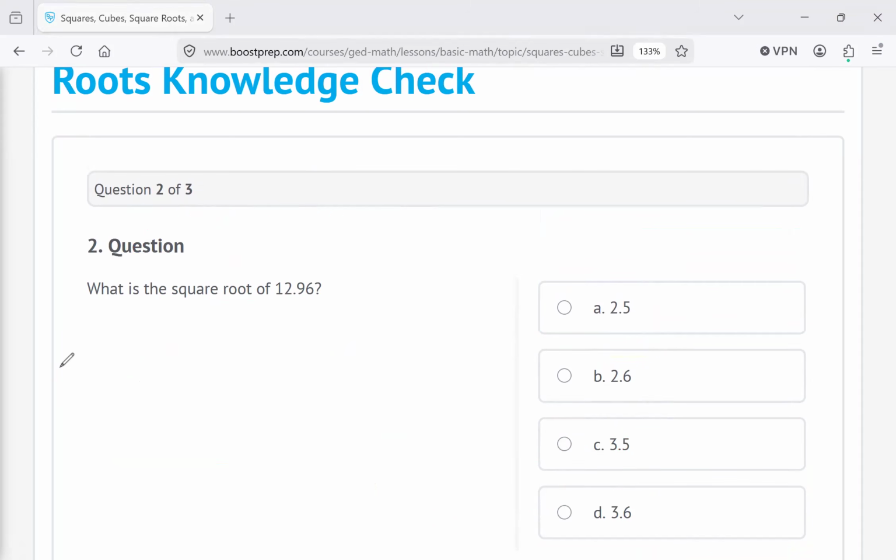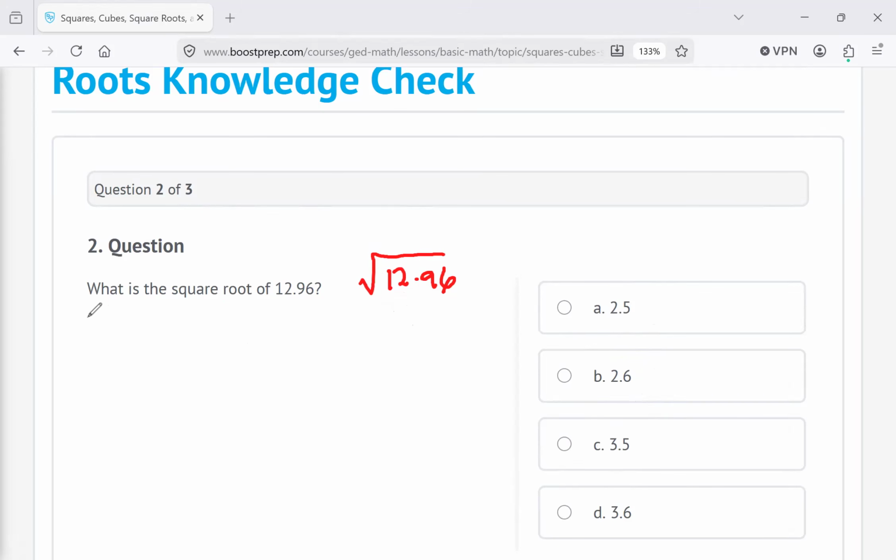Question two says, what is the square root of 12.96? It's not saying the cube root, so they're really asking for the square root of 12.96. Can you think of a number multiplied by itself that will give us this number? Because this is multiple choice, you can test each option.